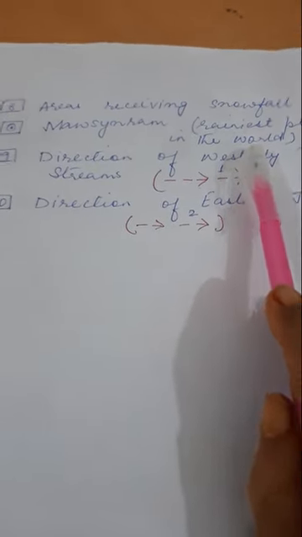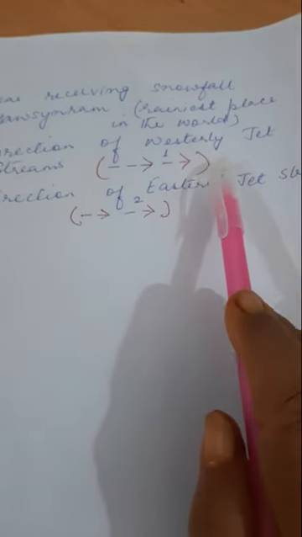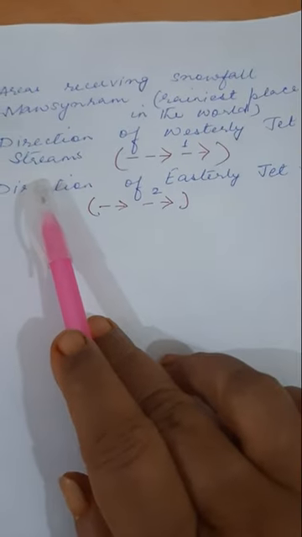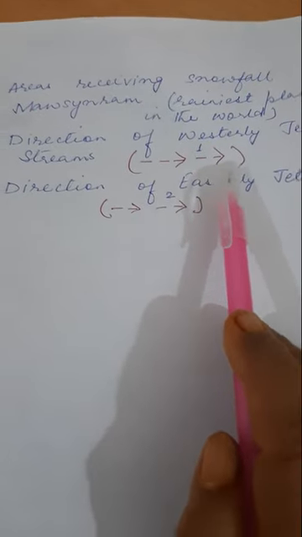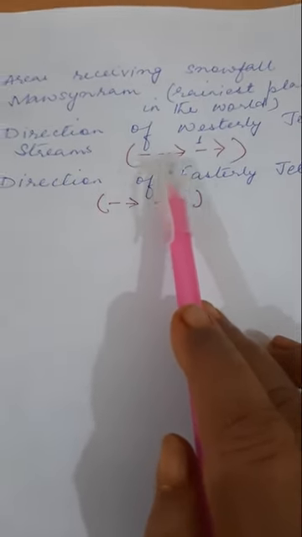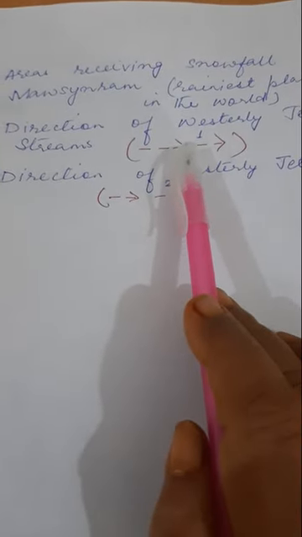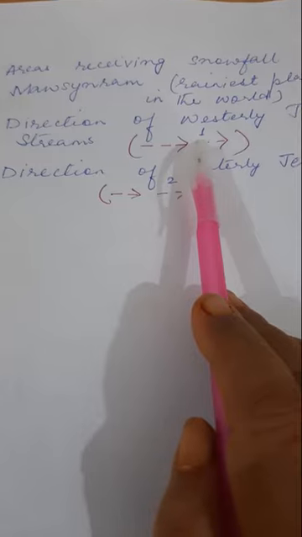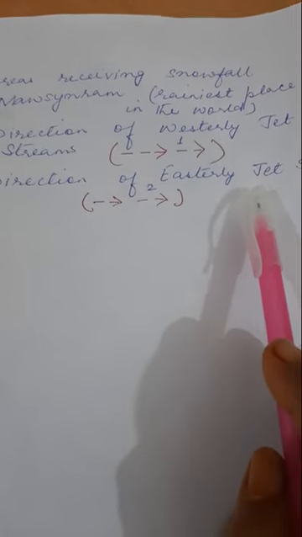Number 9, direction of westerly jet stream. So here children, we'll be doing it with the help of dashed arrows, red dashed arrows, and I have written 1 on it. Okay. The next one, number 10, and the last one is direction of easterly jet stream.